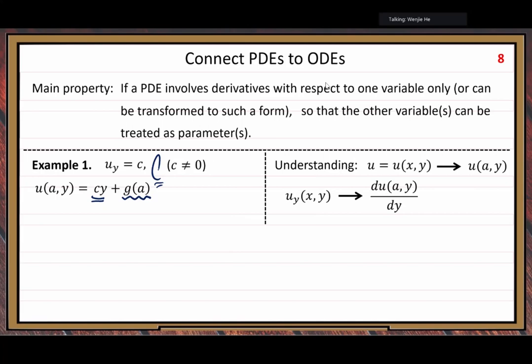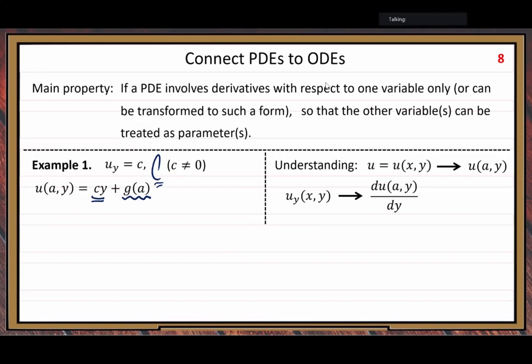Capital C cannot contain a terms. Capital C is only one fixed constant. But your g function can include many a terms, other than one arbitrary constant term.